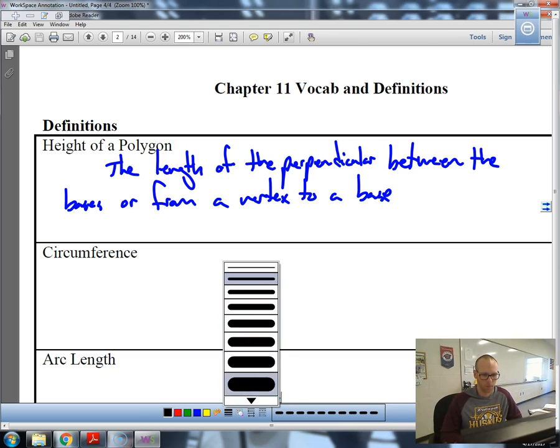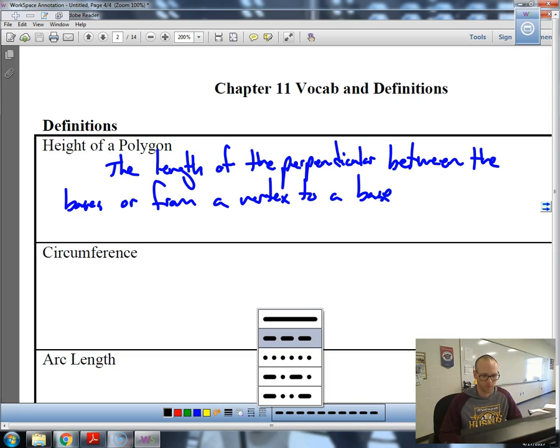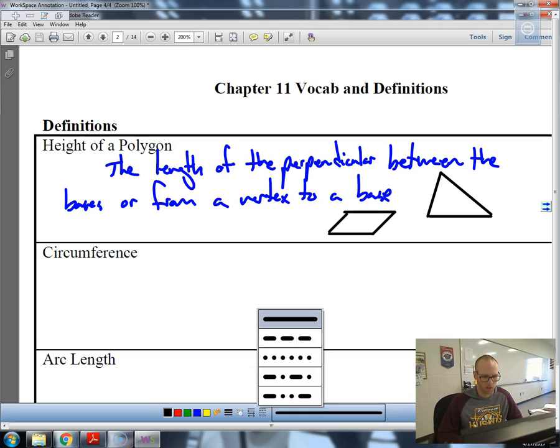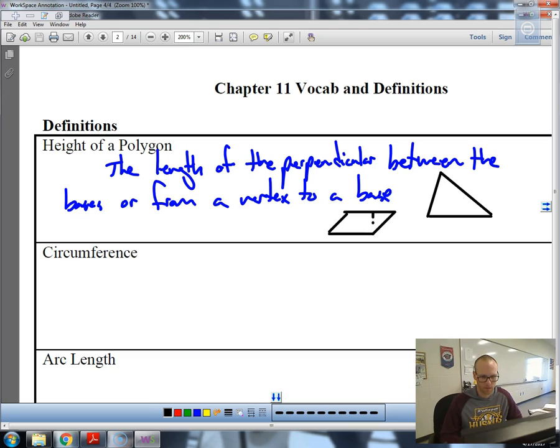Just draw a quick picture here. If it's a triangle, or a parallelogram, our height has got to be perpendicular. That's a bad drawing there. Okay, there we go.